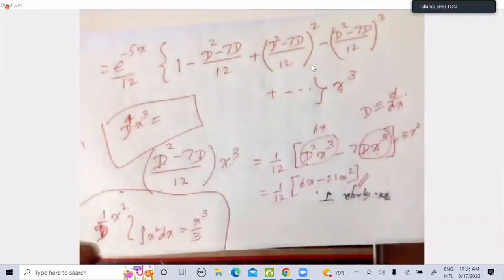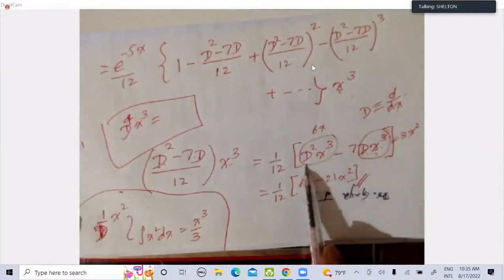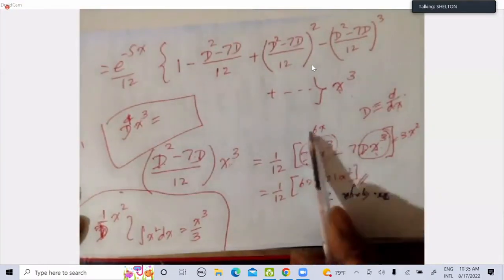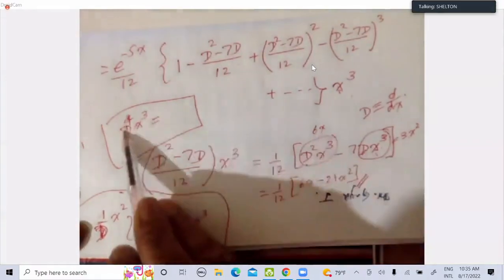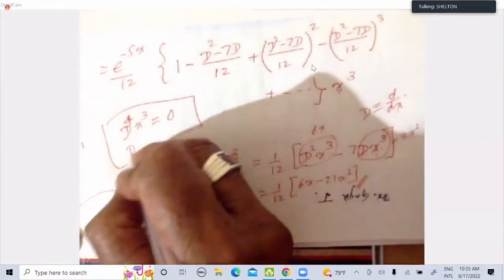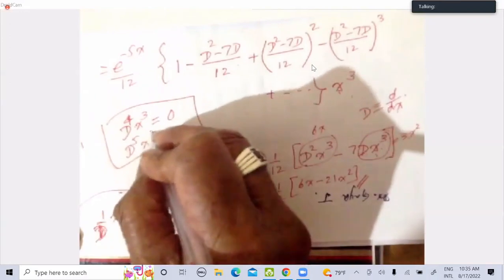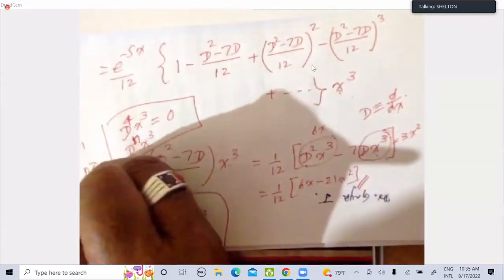Because d3 of x cubed, what happened? d2 of x cubed is 6x. d3 is 6. d to the power 4, the derivative of 6, is 0. So d to the power 5 also, or n for n bigger than or equal to 4.